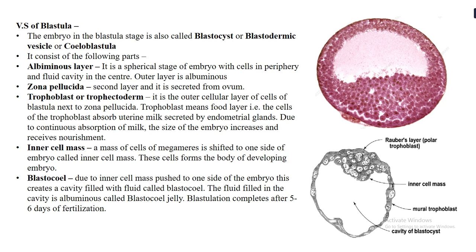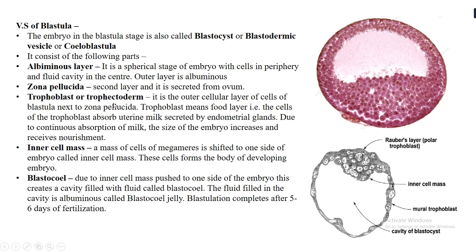The albuminous layer is the spherical stage of the embryo with cells in the periphery. You can see over here that the cells are at the periphery and the fluid cavity is at the center. The outer layer is albuminous. Then the next structure is the zona pellucida. Zona pellucida is the second layer and it is secreted from the ovum.